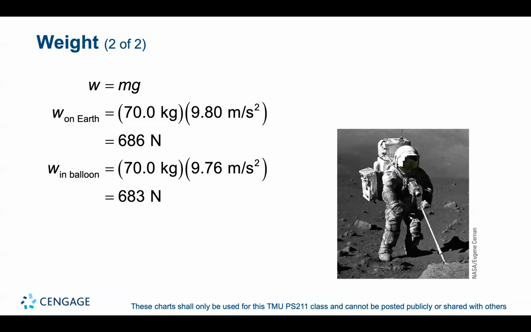And in a high altitude balloon where g might be 9.76 meters per second squared, the object's weight would be 683 newtons. And so we're seeing a little bit of difference depending on where you are, either on the surface of the Earth, up in a mountain, or what have you.